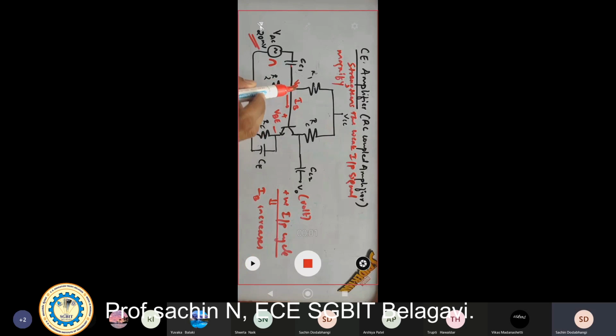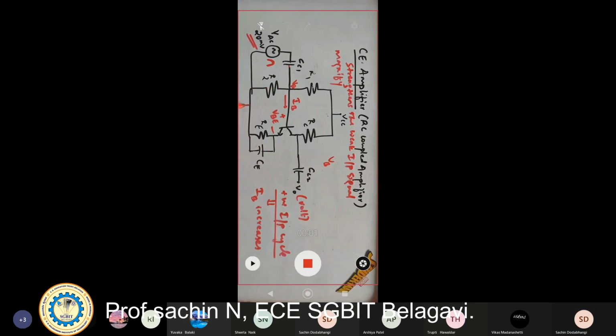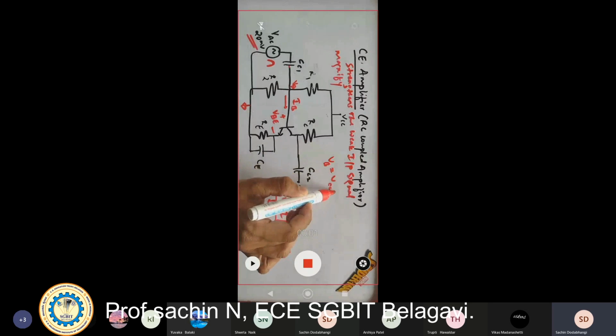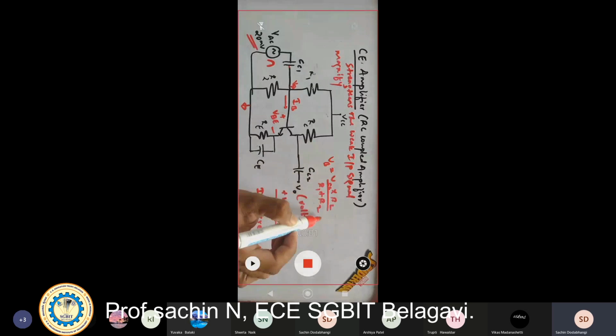Why is VB constant? VB is nothing but the voltage across R2. So VB is equal to VCC into R2 divided by R1 plus R2. Getting it? So VB is constant.